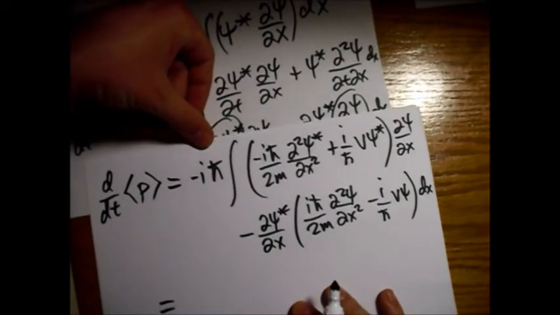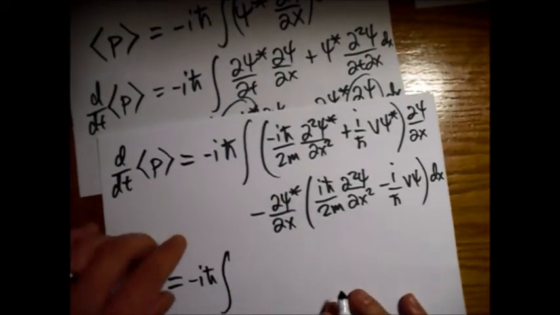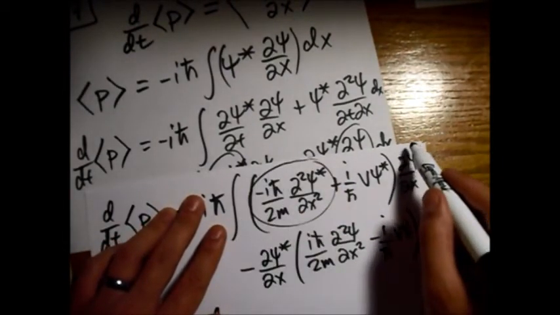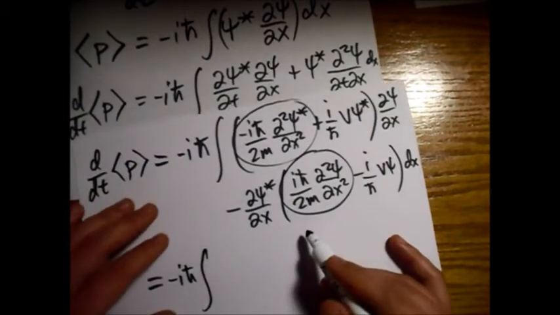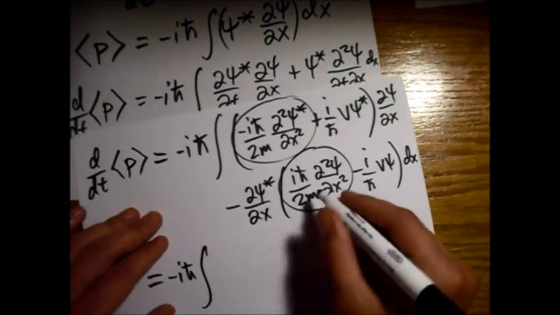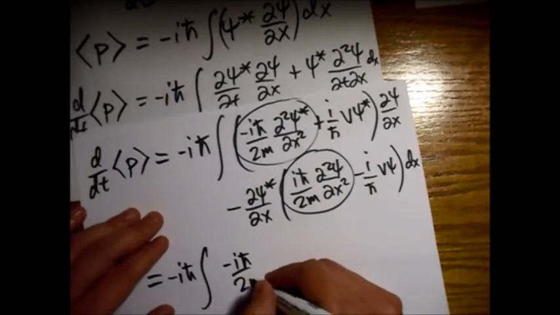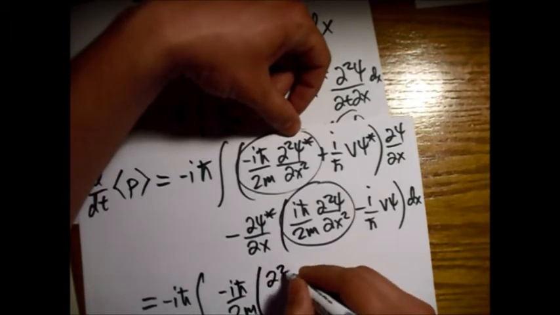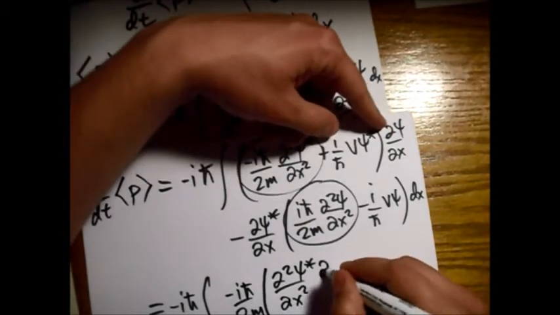So let's see what we can do with this. Now I'm going to look at this term here and this term here. So these ones, we're going to cross our fingers and hope that they cancel out. If I bring a minus i h bar over 2m out front, okay, so now we have the second derivative of the conjugate wave function with respect to x times the first derivative.